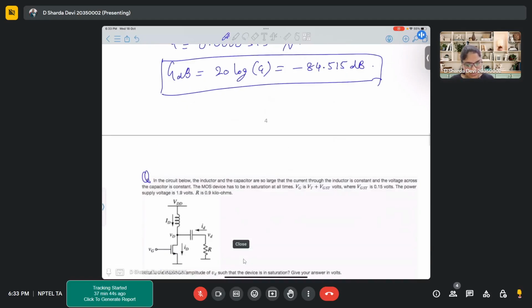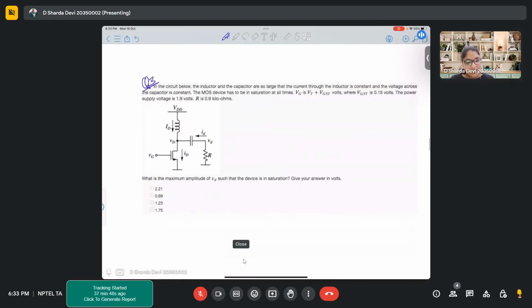Now, next question. In the circuit given below, the inductor and capacitor are so large that the current through the inductor is constant and the voltage across the capacitor is constant. The MOS device has to be in saturation at all times, and Vg is Vt plus Vgst volts, and Vgst is 0.15.